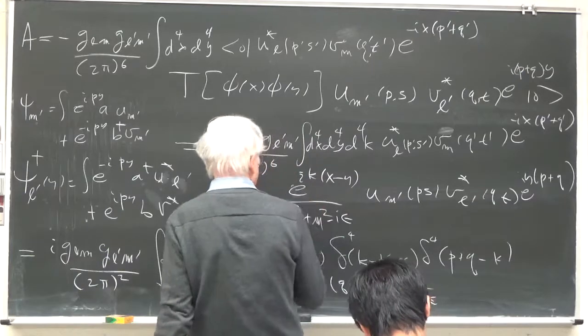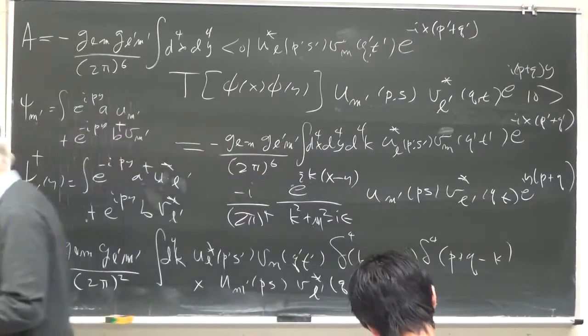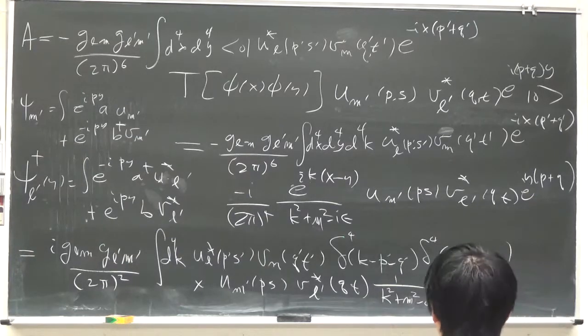And this M is the mass of the boson, not the mass of the fermion-antifermions.